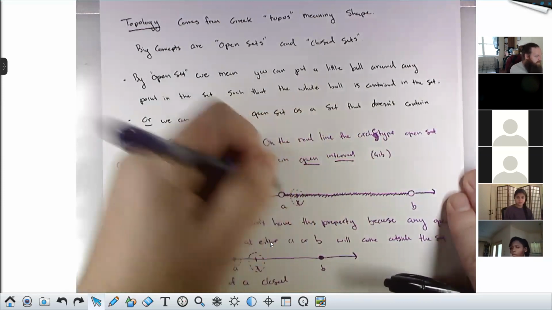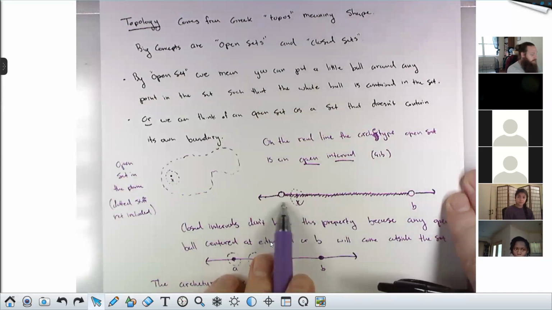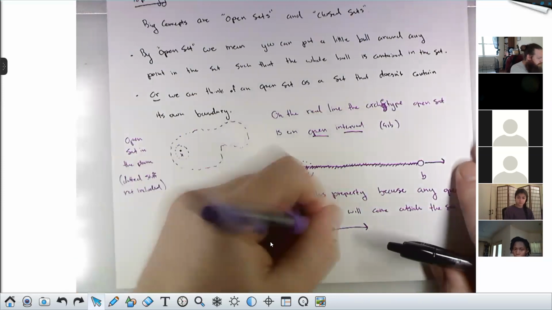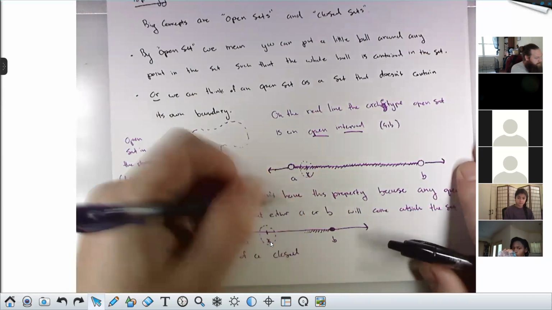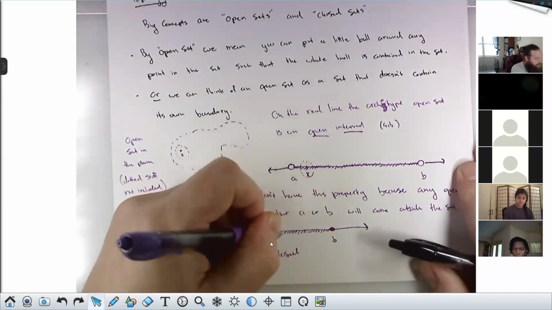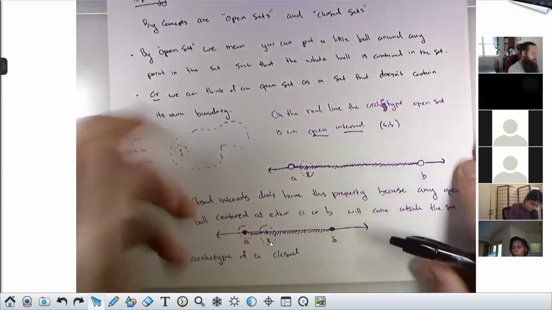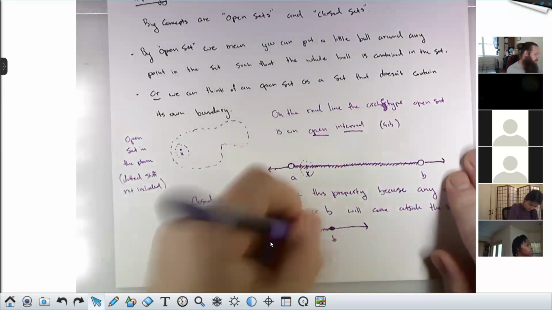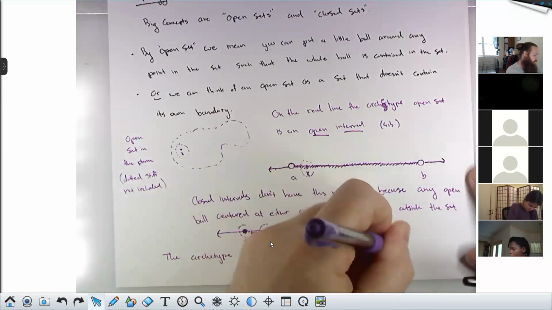So the open set here is everything strictly between A and B, not including A and not including B. And then the classic example of a closed set would be everything between A and B together with A and B themselves. So the archetype of a closed set is a closed interval.